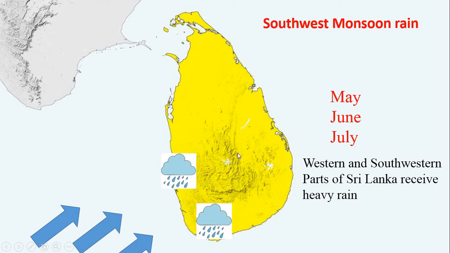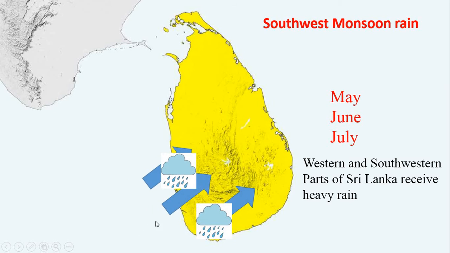Here the western and southwestern part of Sri Lanka receive heavy rain during this period. Here the winds blow and we receive rain from May to July. So it covers the western and southwestern part of Sri Lanka.